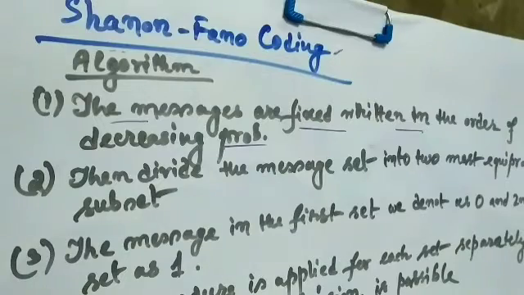First arrange them in decreasing probability order. The second step is to divide the message set into two most equiprobable subsets. That means the total list will be divided into two sets. The third step is that the messages in the first set are denoted as 0 and in the second set are denoted as 1.